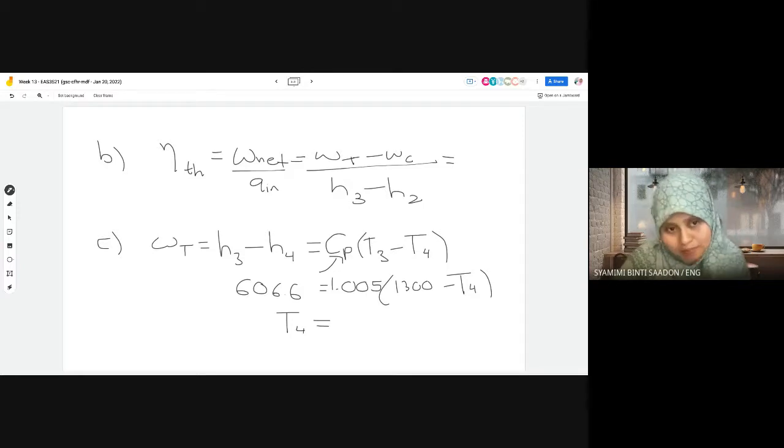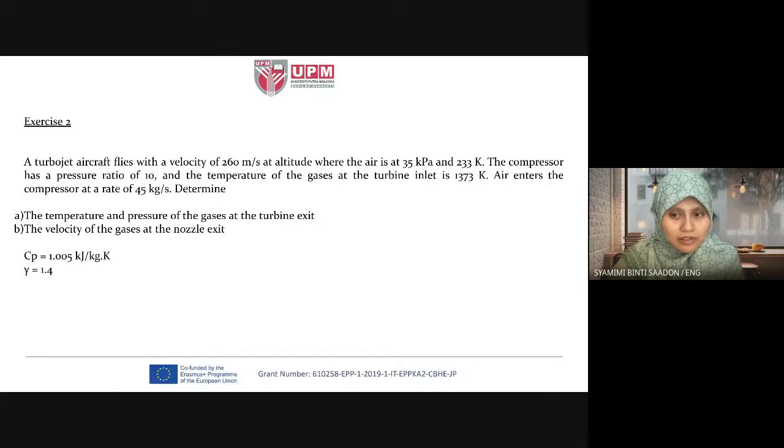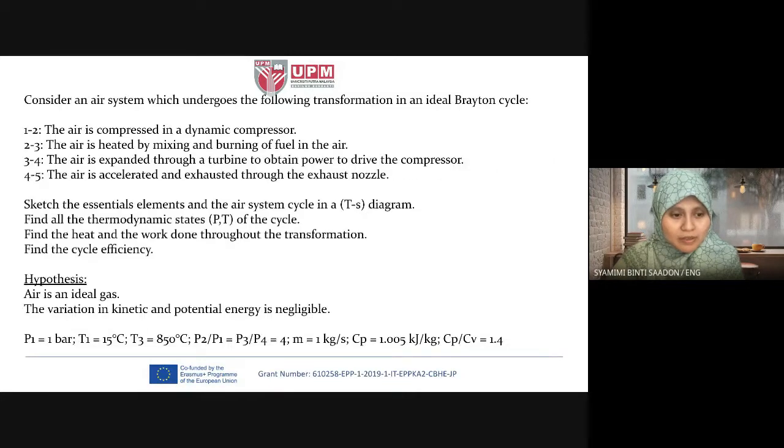So that is an example of a gas turbine power plant using the Brayton cycle. Next week we continue with other examples. Maybe I will add more, and also the 2 more questions that we haven't finished from last week.